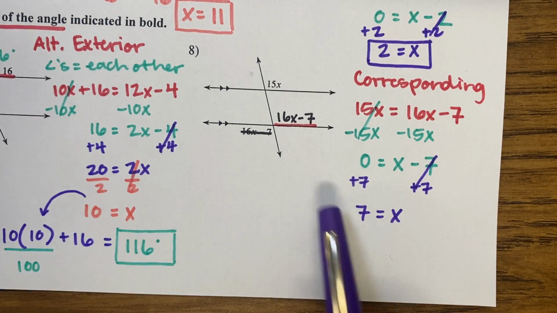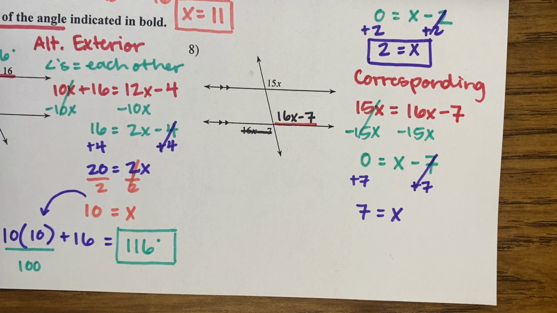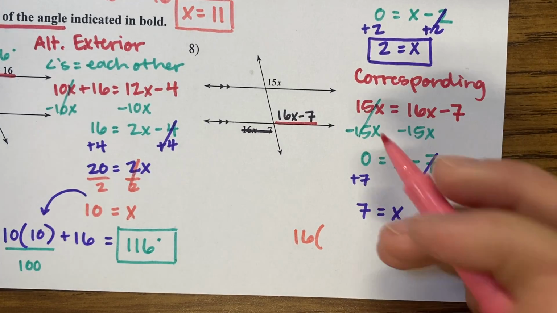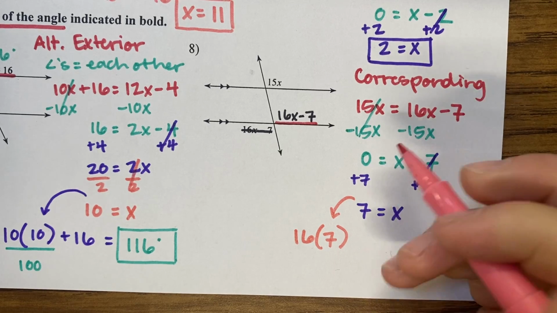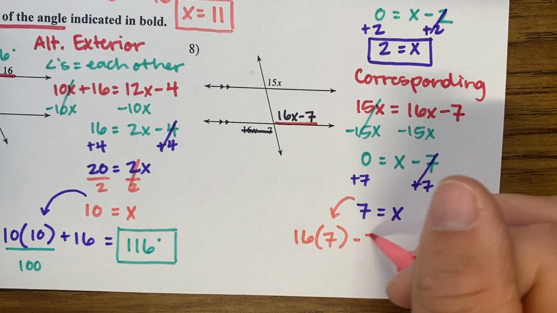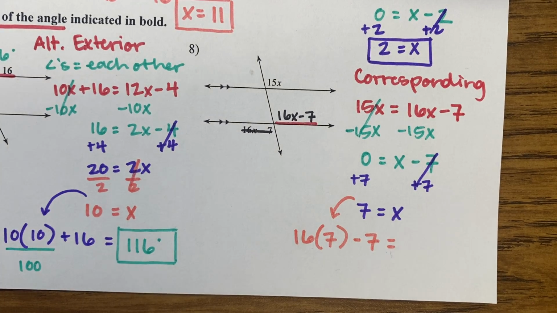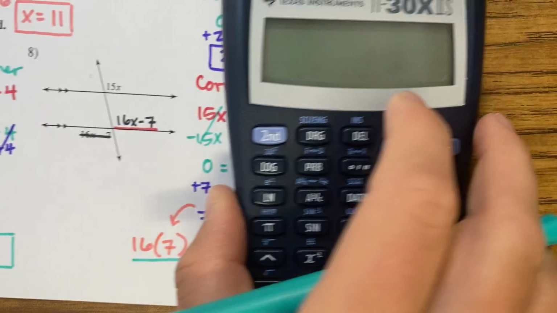So now for my angle in bold, I'm going to use my x and plug it in where I see the x to solve. So now I have 16 times x. Well, we know x is 7, and minus 7. And what is that going to be? 16 times 7, we have to multiply before we can subtract.